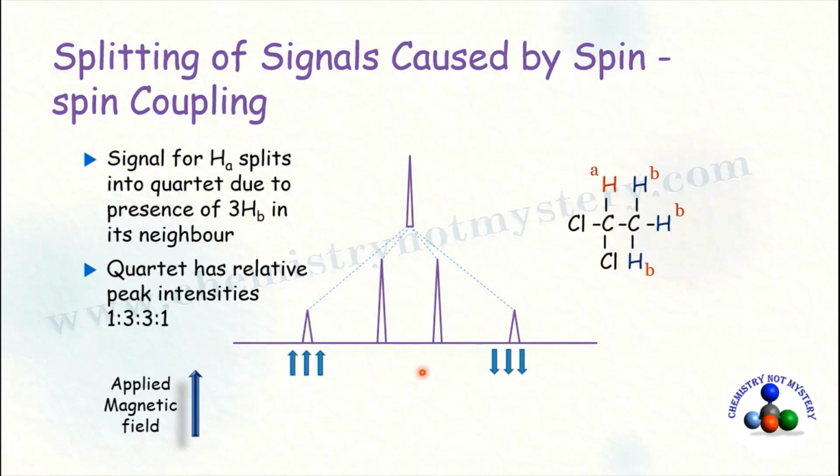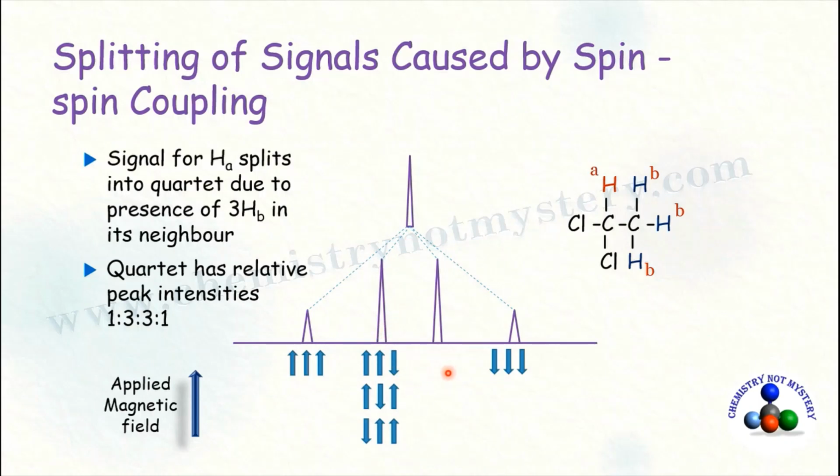There are another two possibilities. If the magnetic field of two of the protons lines up with the applied magnetic field, this is one set of conditions. This is the second set of conditions, and this is the third set of conditions. In all three conditions, proton A will give a signal at higher delta value.